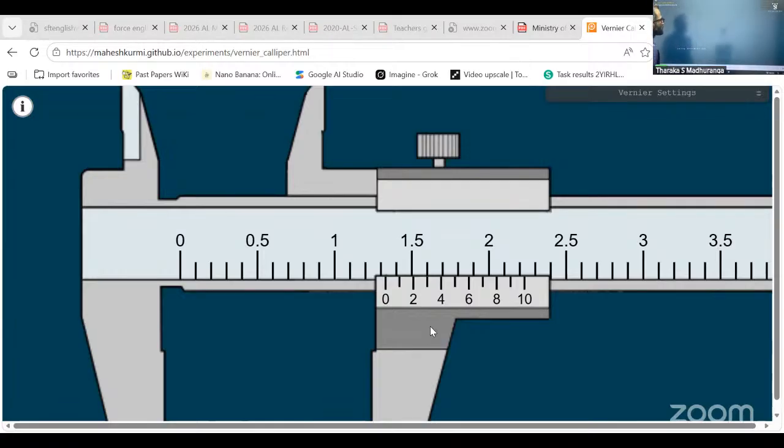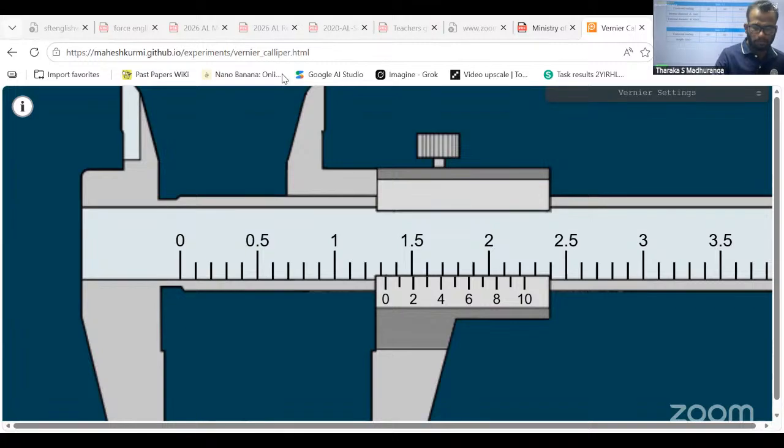Okay, what is this reading? Quickly. What is this reading? Anyone?